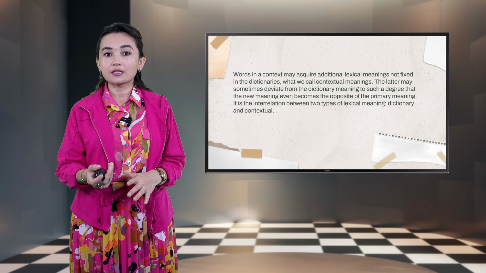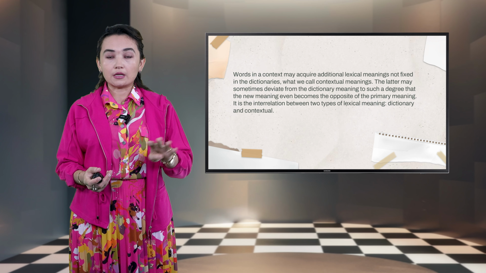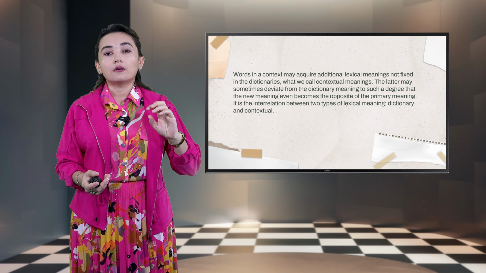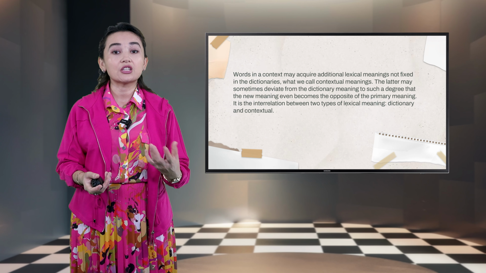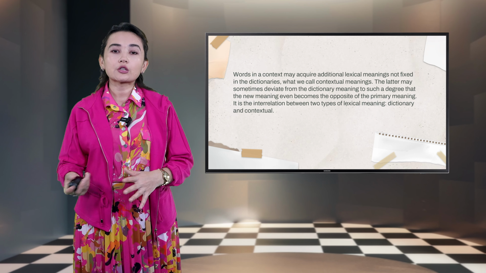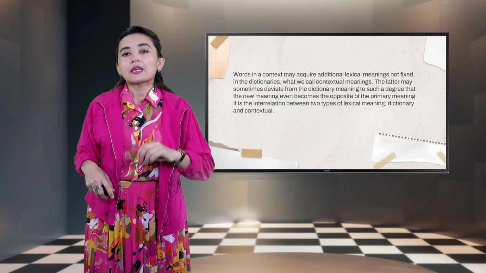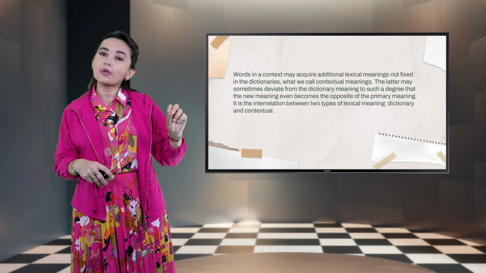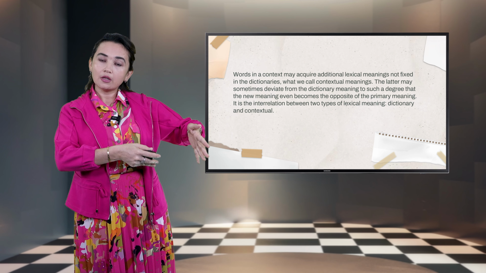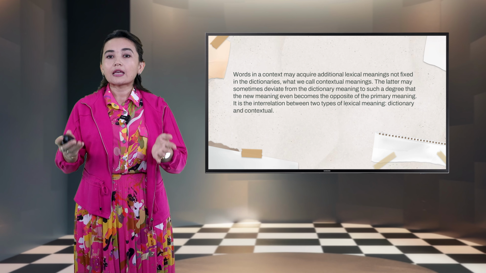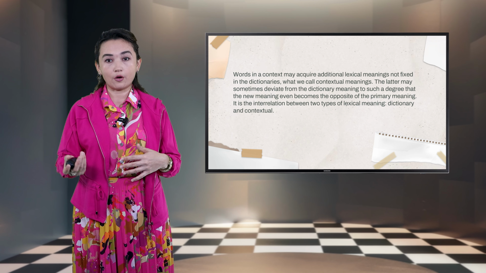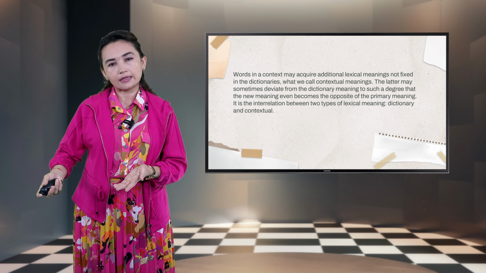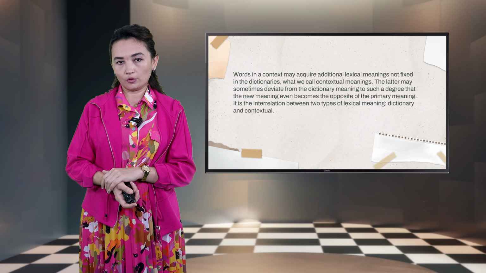As I have mentioned, table, a wooden and round item that we can eat at or write on, is the dictionary meaning. A contextual meaning is, for example, can you fill in the information in the first table or the second table? Table here is a type of form that we can fill in. So this is the contextual meaning.